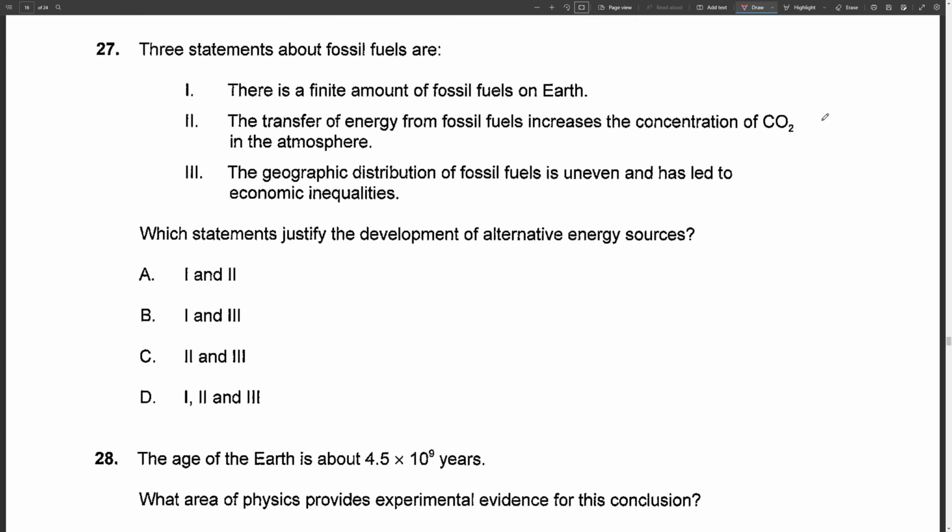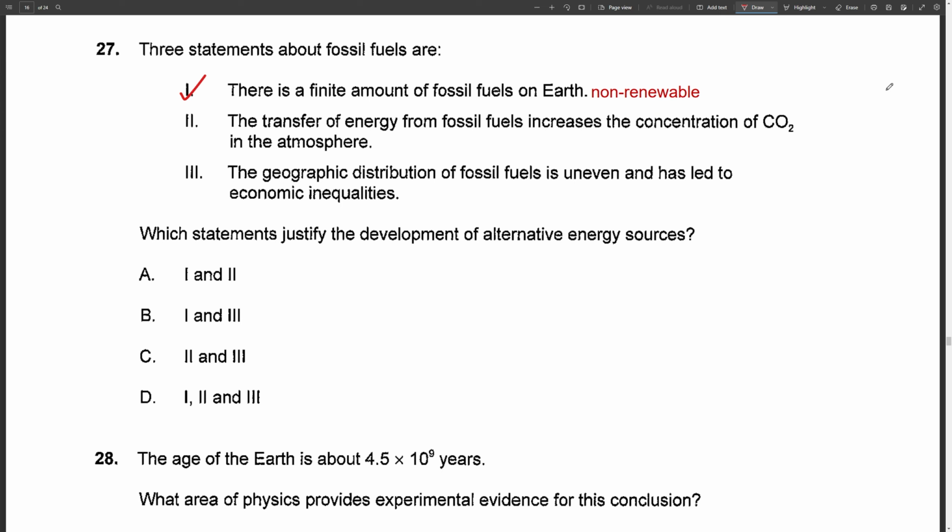In question 27, we are going to give some descriptions on the fossil fuels. Firstly, fossil fuel is definitely a non-renewable energy because the rate of production is much lower than the rate of consumption. So statement 1 is correct. Next one, statement 2. For all fossil fuels, there must be a combustion.